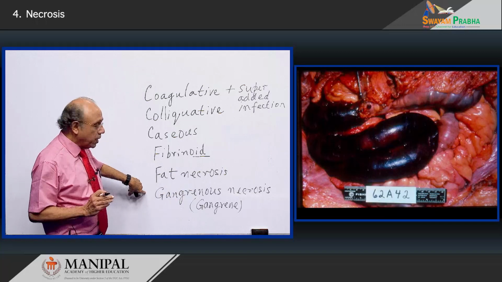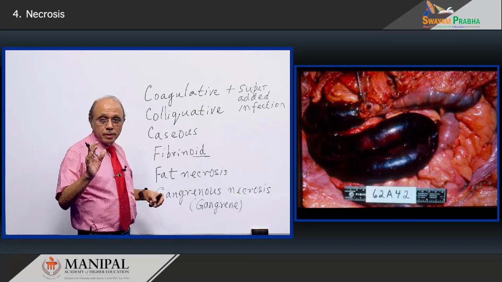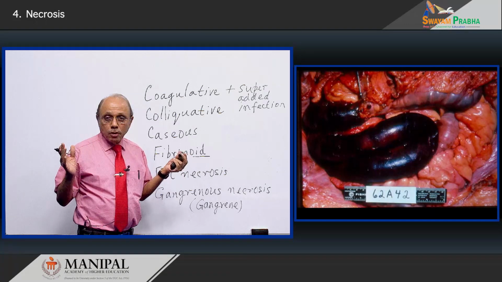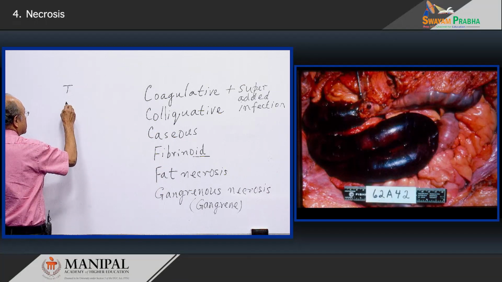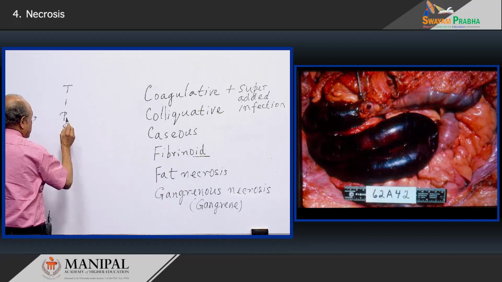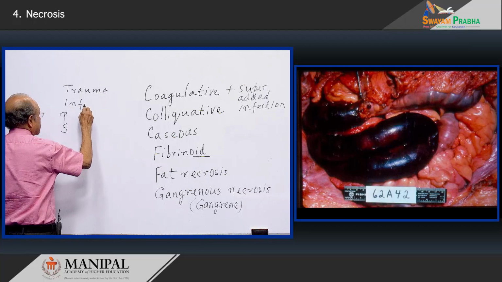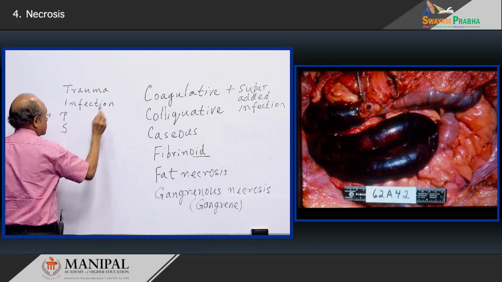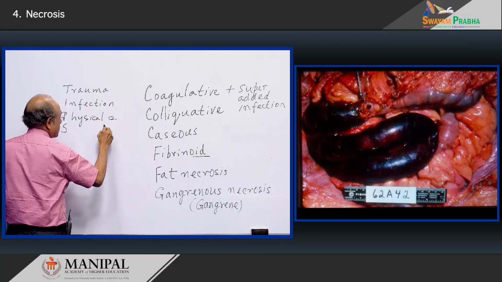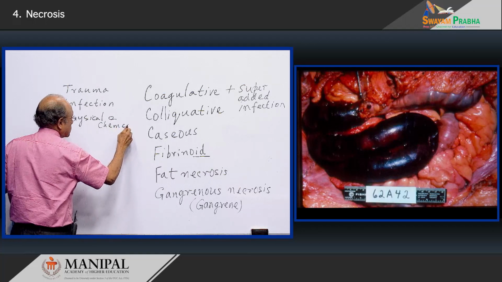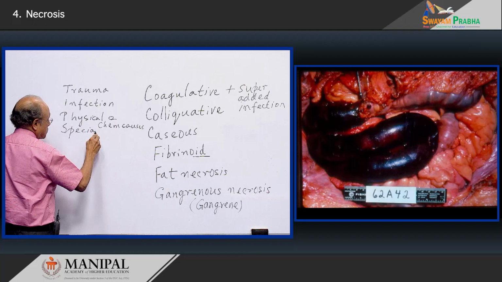Gangrene is a very unique condition which one must be aware of, and the best way to remember all the causes of gangrene would be to remember the word TIPS: trauma, infection, physical and chemical causes, and special causes.